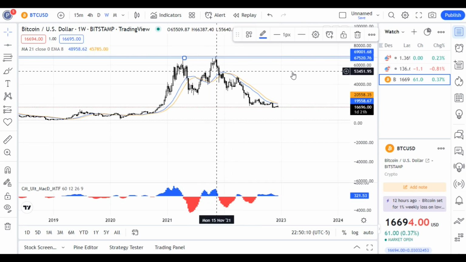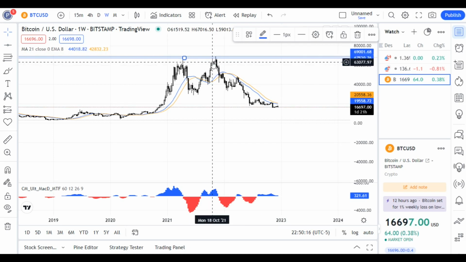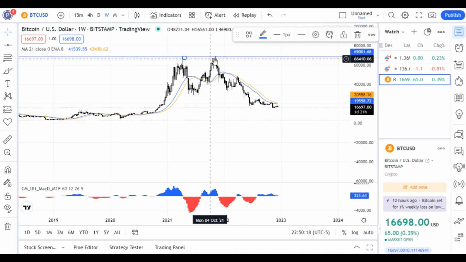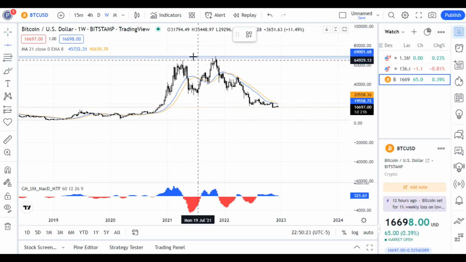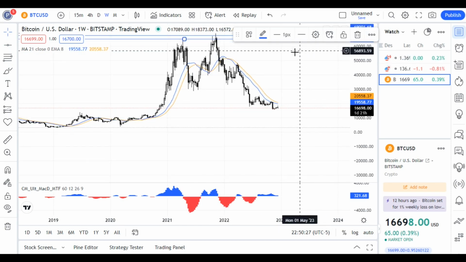Second, you can see that the market went here and was rejected simply. So there's a zone for us to take note of, and we have this level as well. These are important levels.